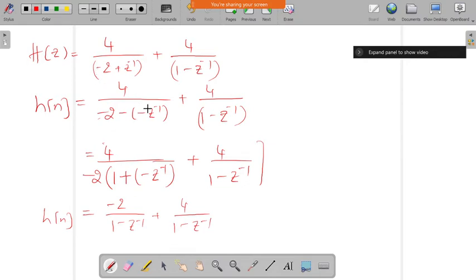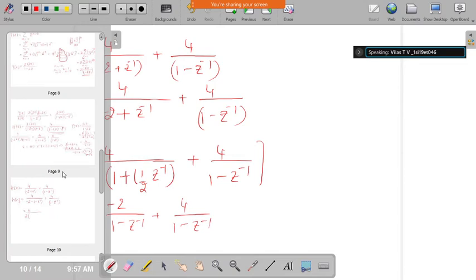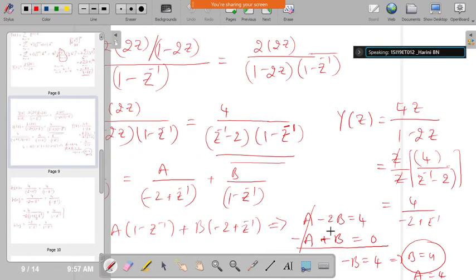Taking 2 common here, half is there, so 2 plus z inverse; if I take minus 2 common, half will come. Minus b is equal to 4 means b is equal to minus 4. A and B both are minus 4.